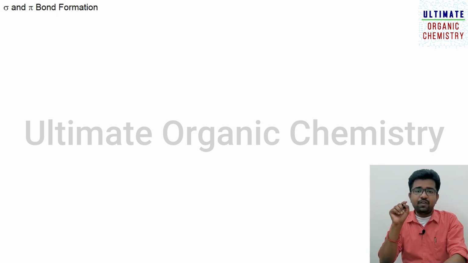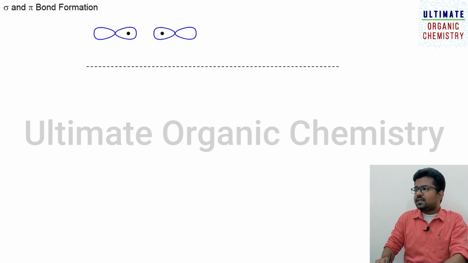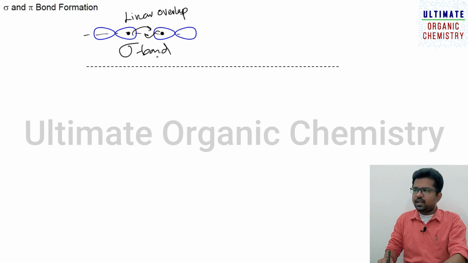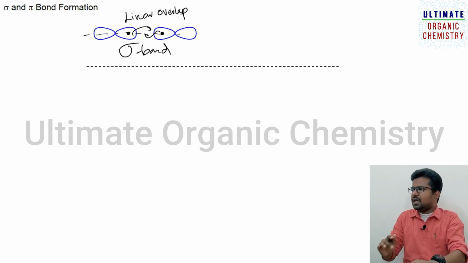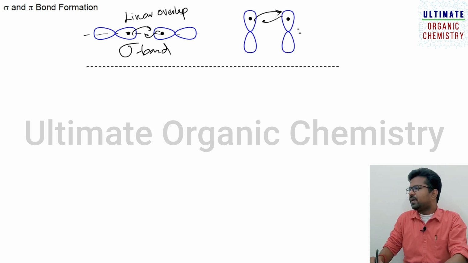So a sigma bond will form when the orbitals are approaching each other in a linear fashion. It is said to be linear overlap. So they will make a new bond, leading to the formation of a bond known as sigma bond. What is the other possibility? When the two orbitals are parallel to each other like this, it will form a bond known as pi bond.